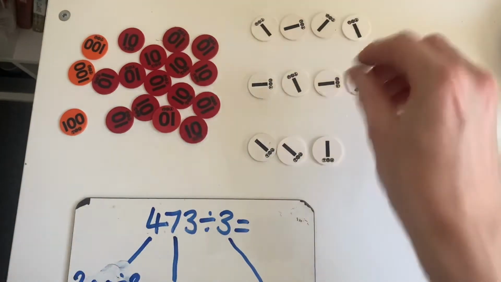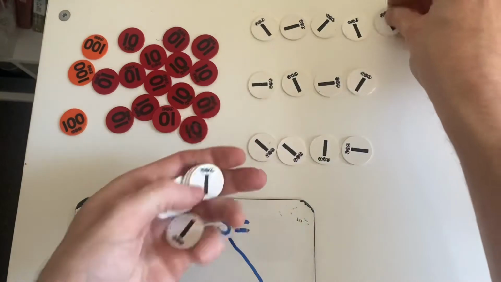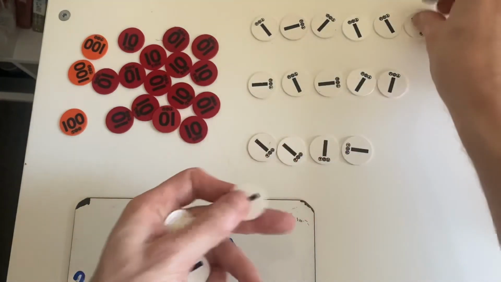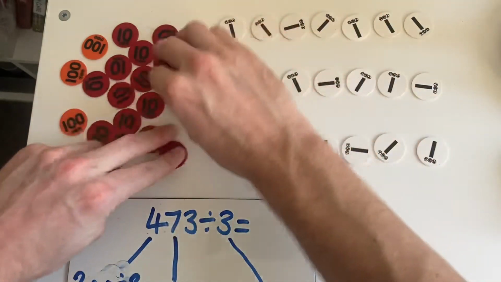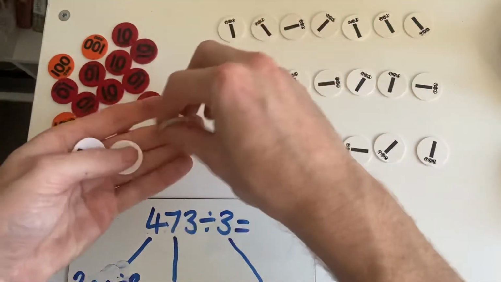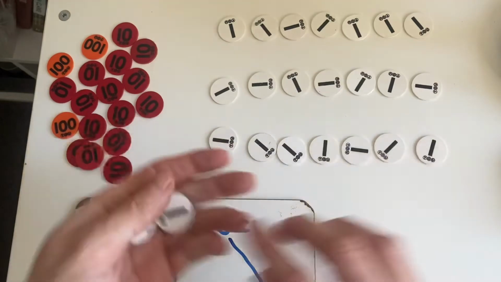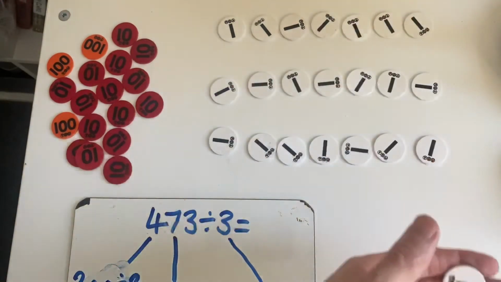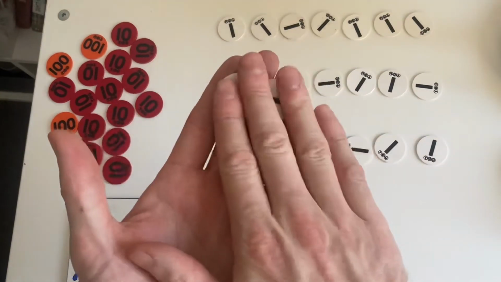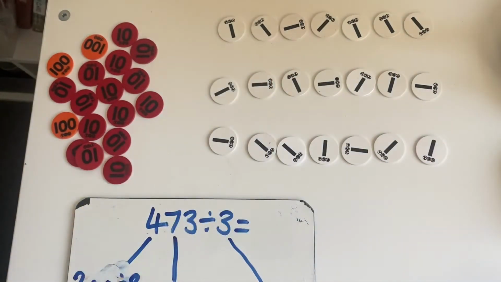However, it's good to see it pictorially first before moving on to doing our lesson. Put some here. Now I'm going to stop there because I've got 2 left and I need 3 so I can put them each on each group to make them equal. So I know that these are going to be spare. We don't need to worry about them just yet.